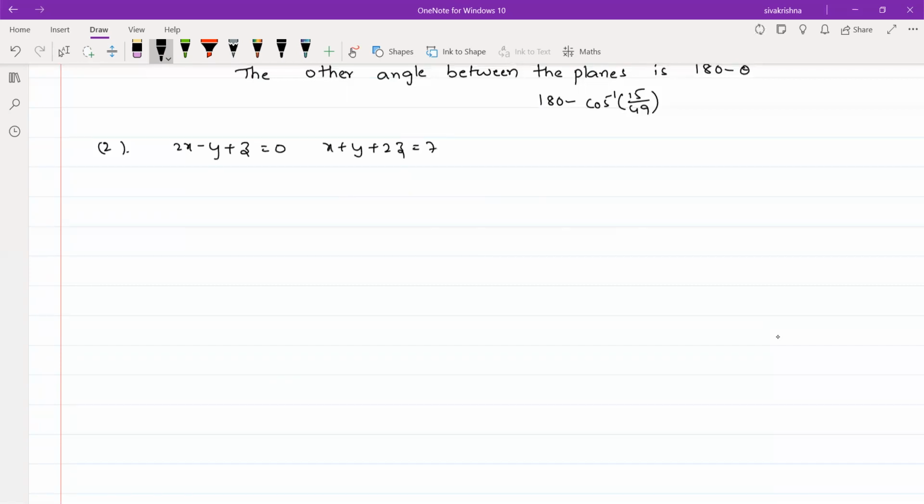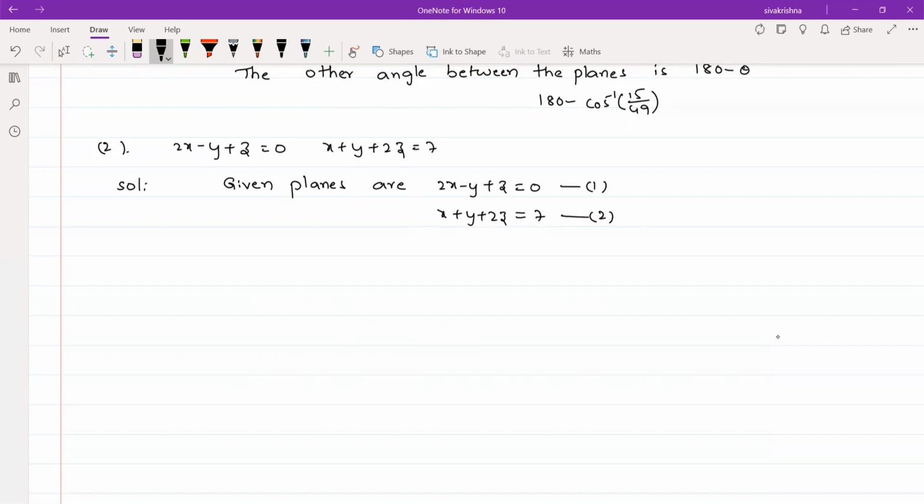So these are the given planes. Coming to the solution, the given planes are: the first one is 2x minus y plus z is equal to 0, this is equation number 1. And the second one is x plus y plus 2z is equal to 7, this is equation number 2.